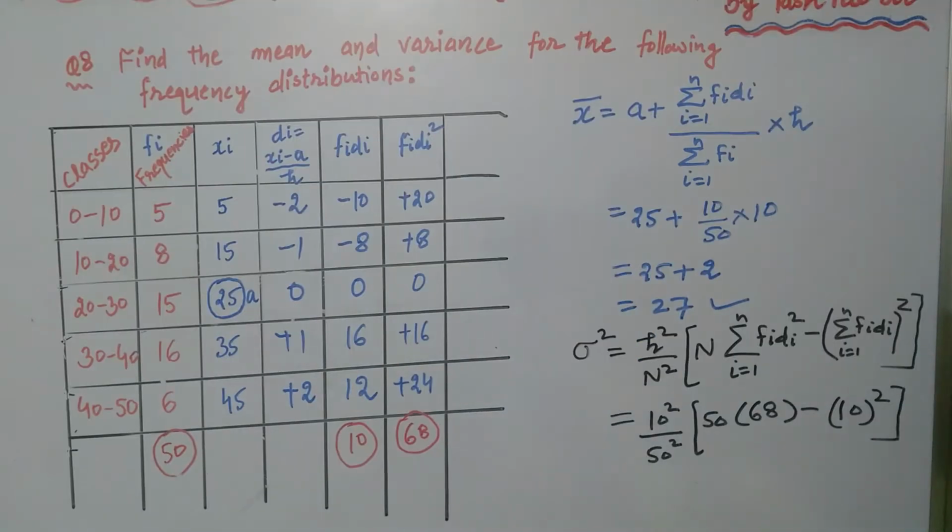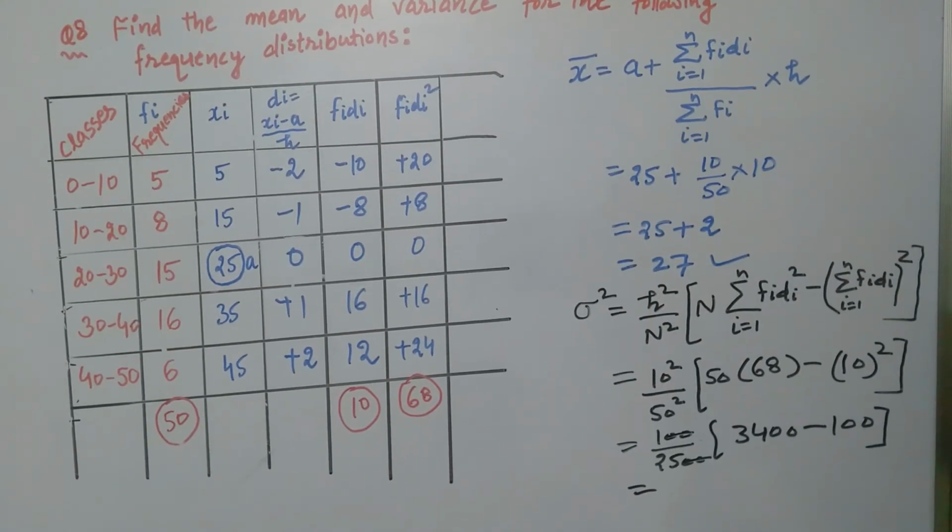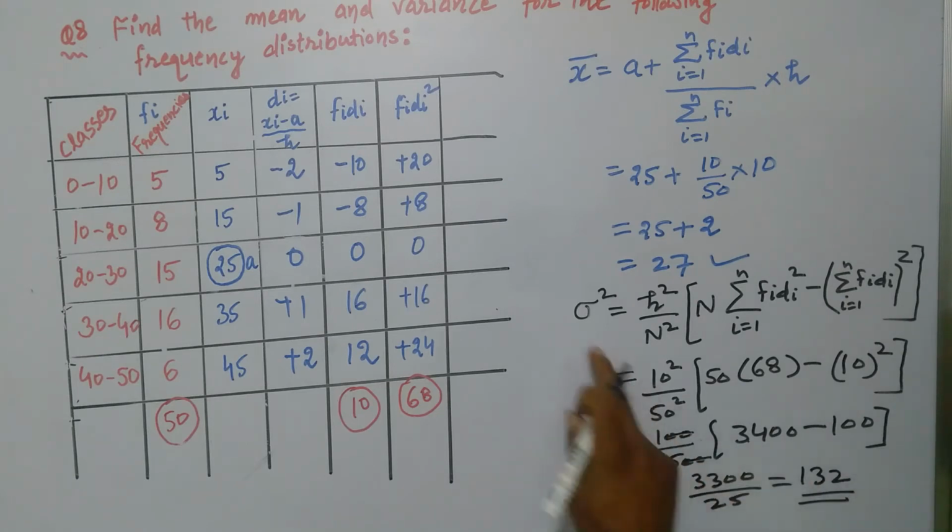Right? Now further this is equal to 100 divided by 2500, 50 into 68 is 3400, minus 10 whole square is 100. So two zeros cancel, and further we write it as 3400 minus 100, 3300, divided by 25, which is equal to 132. So this is the variance of this frequency distribution.